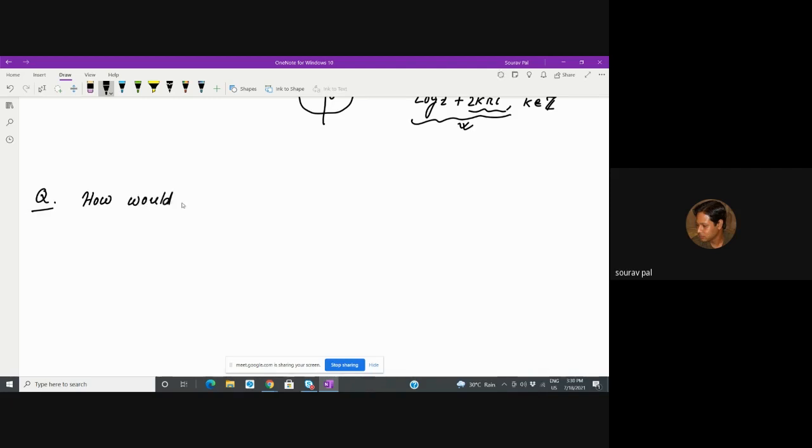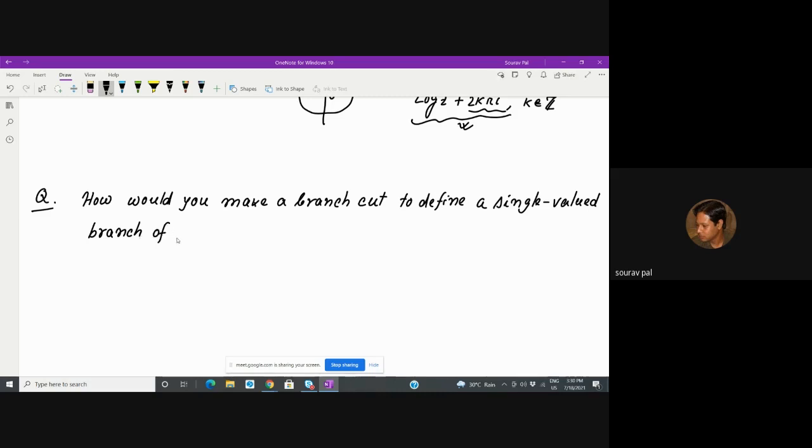How would you make a branch cut to define a single valued branch of the function log of z plus i minus 1?